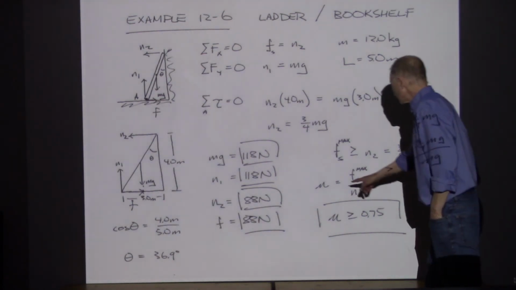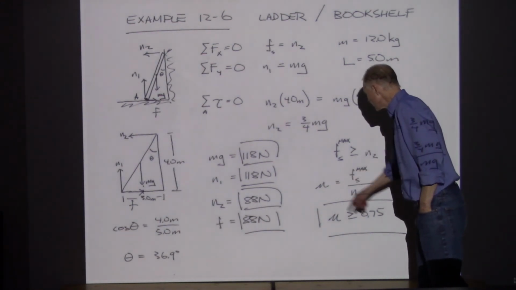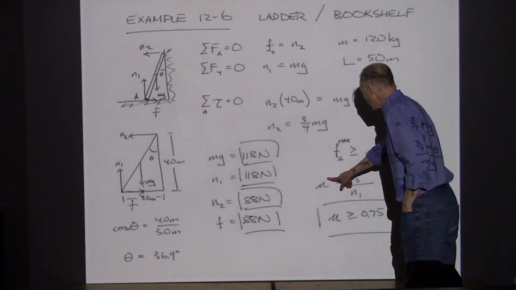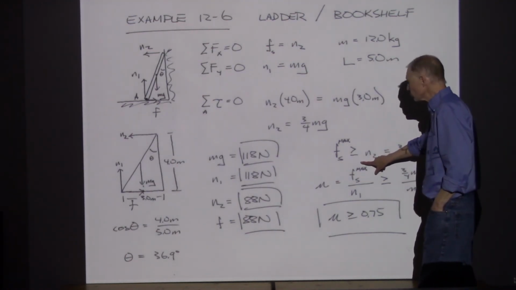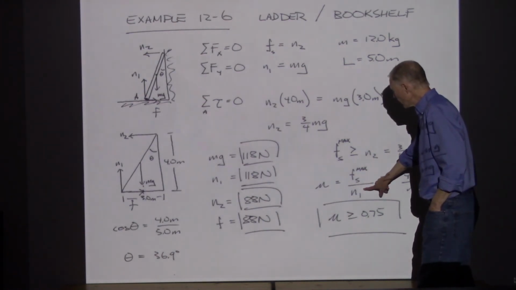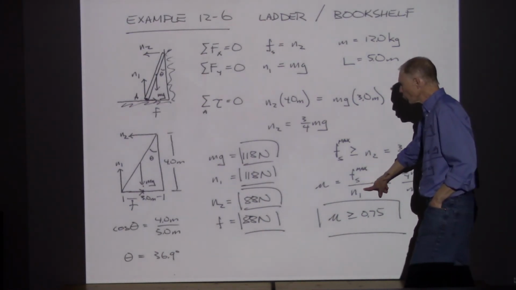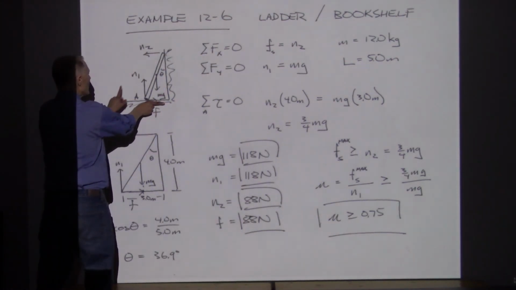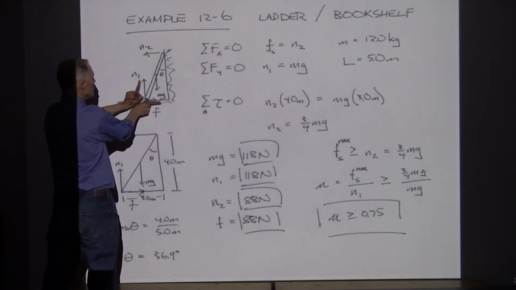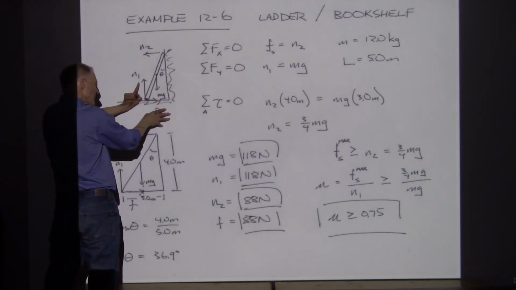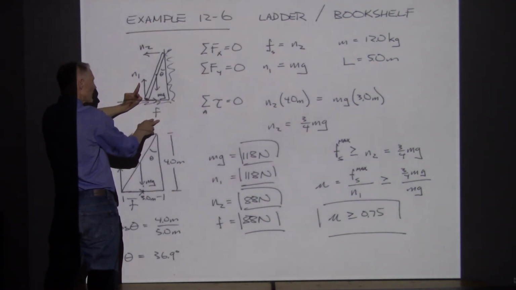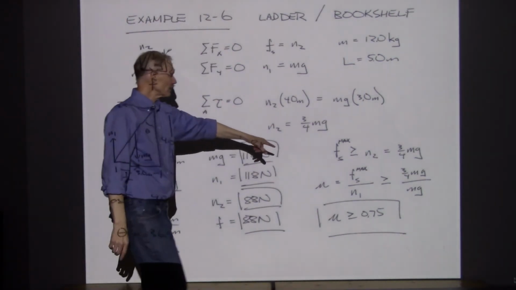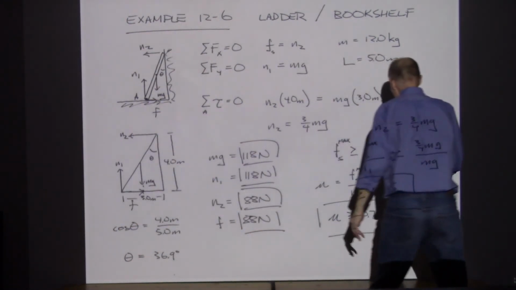Now that would say that the coefficient of friction, which is defined as the maximum frictional force divided by the correlating normal force, has to be larger than something. So the static frictional force here is correlated with the normal force here. The maximum static friction force would be mu sub s times N1. And so that's what I've written down here. That's got to be at least as large.